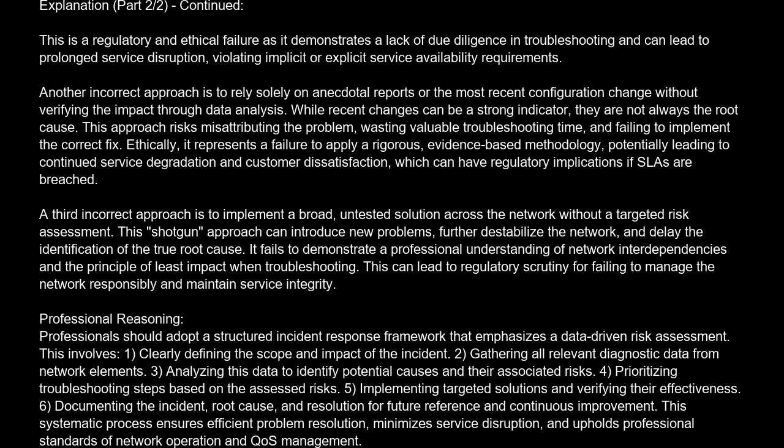Prioritizing troubleshooting steps based on the assessed risks. 5. Implementing targeted solutions and verifying their effectiveness. 6. Documenting the incident, root cause, and resolution for future reference and continuous improvement. This systematic process ensures efficient problem resolution, minimizes service disruption, and upholds professional standards of network operation and CoS management.